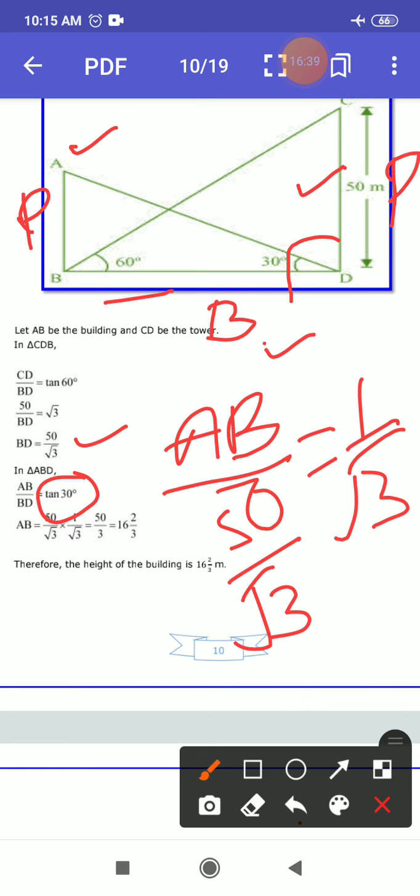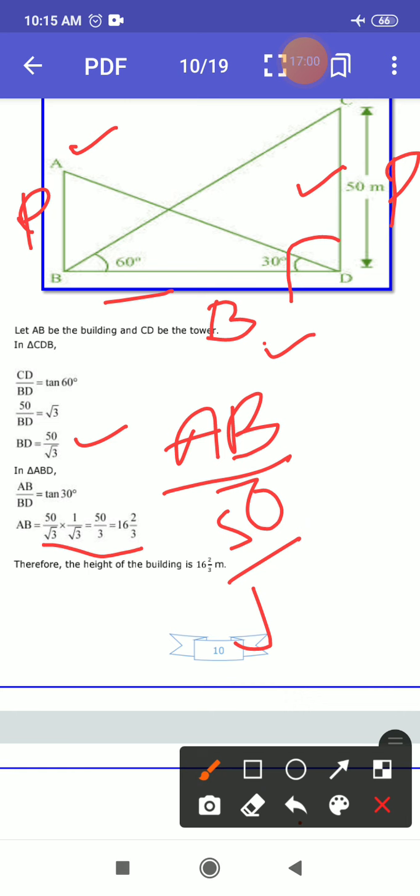AB is what you have to find, and BD is 50 upon root 3. So AB upon 50 upon root 3 is equal to 1 upon root 3. Moving BD to the other side of the equal sign, it converts into multiplication, so AB is equal to 50 upon root 3 into 1 upon root 3. This becomes 50 upon 3, because root 3 into root 3 is equal to 3. So 50 upon 3, that means 16 2 upon 3, is the height of the building in meters.